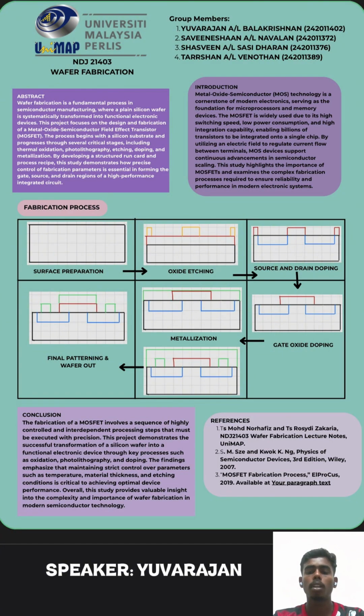In this step, a metal layer is deposited on the wafer to create electrical connections between different regions. This allows the device to be connected to external circuits. Finally, we have final patterning and wafer out. The wafer undergoes final shaping and patterning to complete the device structure. At this stage, the MOSFET is fully formed and ready for testing and packaging.